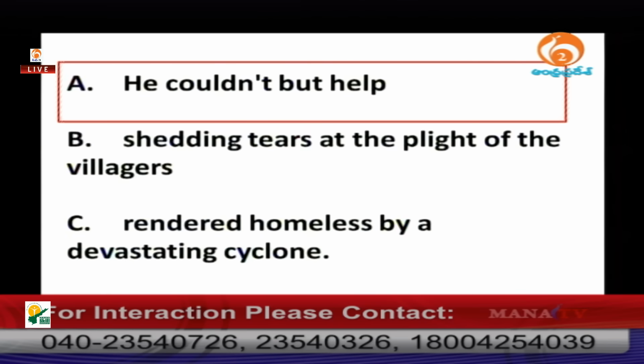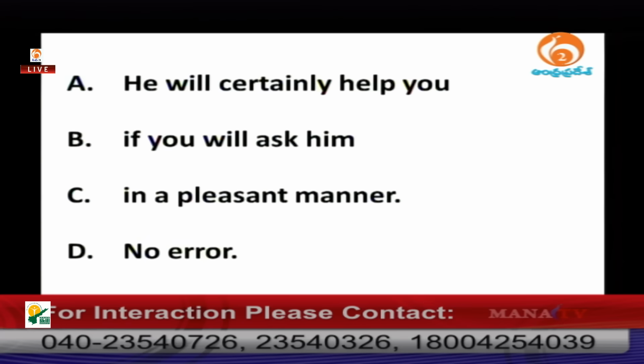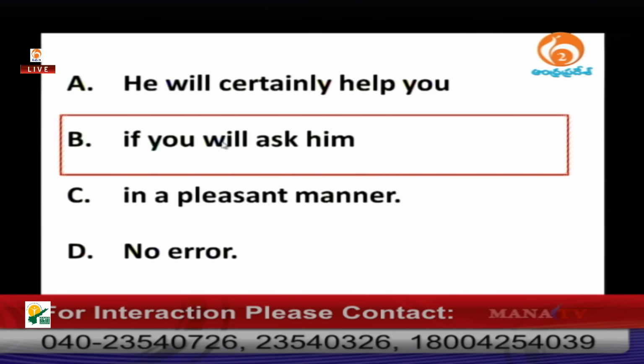Alright, next question. He will certainly help you if you will ask him in a pleasant manner. Like the question which had two shall, here I have two will. One will here and one will here. I will get rid of one.